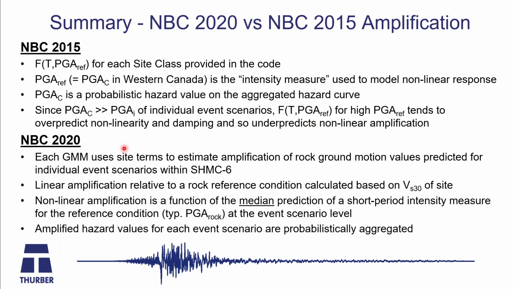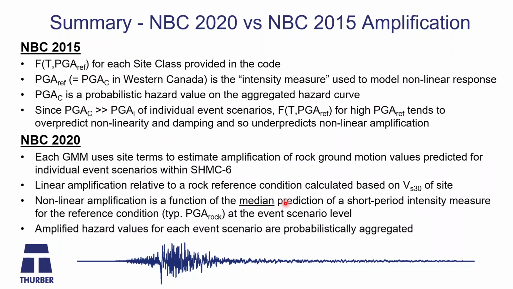In NBC 2020, the GMMs use site terms to estimate amplification of a rock ground motion value, which is a median prediction of the ground motion value for individual event scenarios. Okay, so then the linear amplification, relative to that rock reference condition, is calculated using the VS30 of the site, and then a nonlinear amplification is a function of that median prediction.